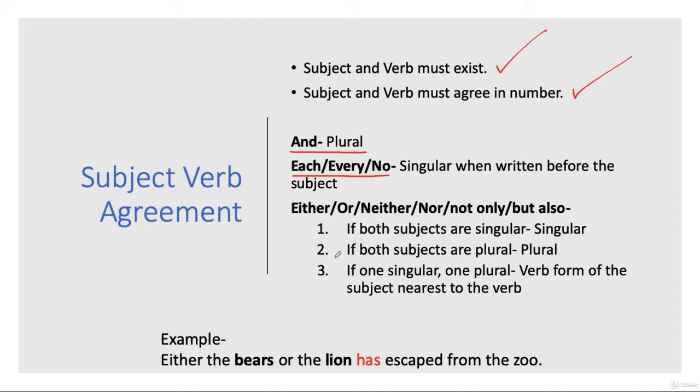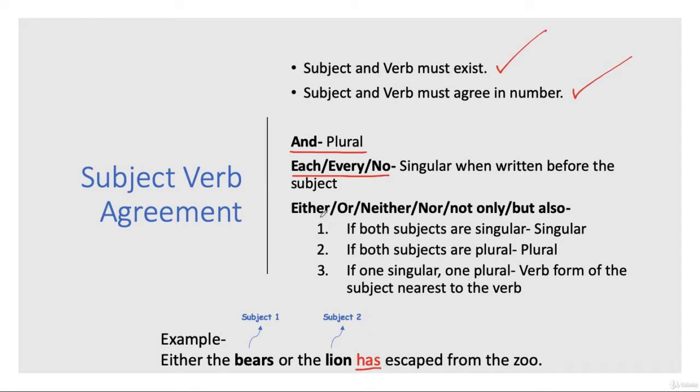Look at the example below. Either the bears or the lion has escaped from the zoo. What do you think has been done here? Why do you think has is present here? Bears is subject 1. Lion is subject 2.